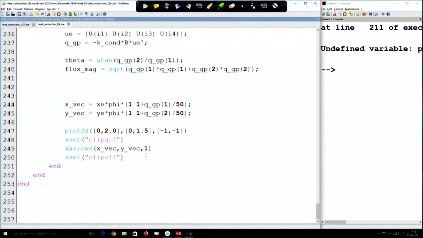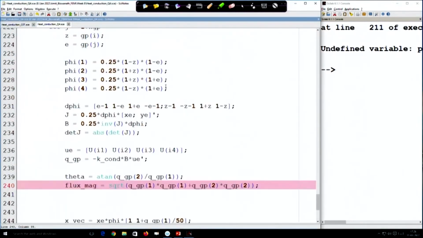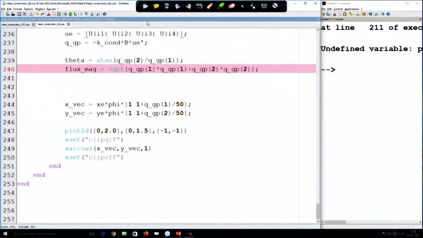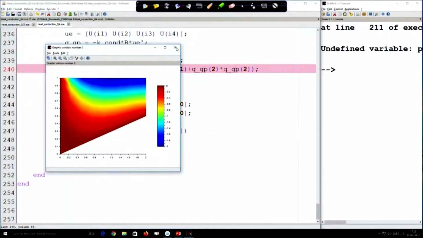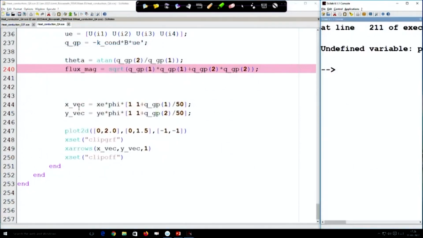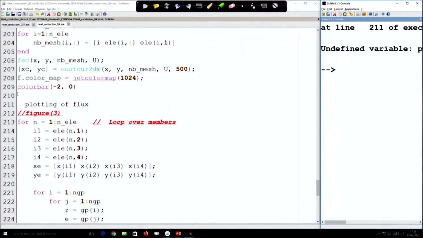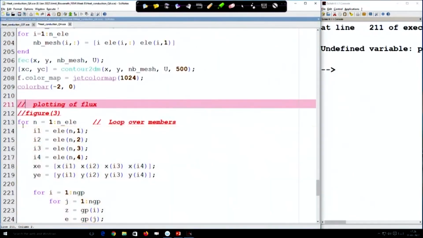And now if we plot this... sorry, this should be a comment line.